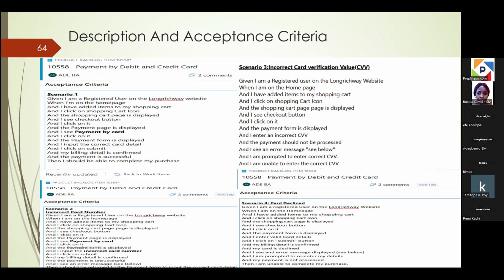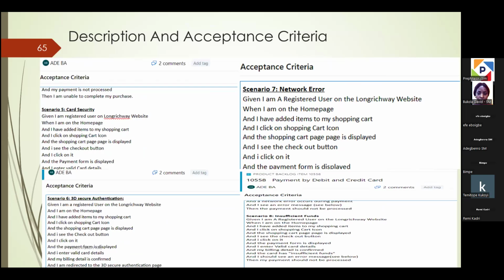Next slide, please. All right, these are other user stories and acceptance criteria that were written by the BAs. It has more than one scenario.